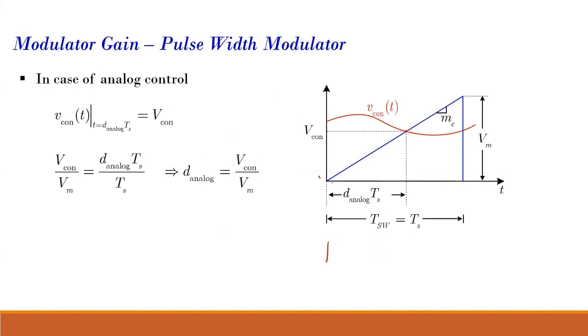So my effective duty ratio will be like this. This is my effective duty ratio, because this is plus, this is minus, this is my V-con, and this is my V-ramp.